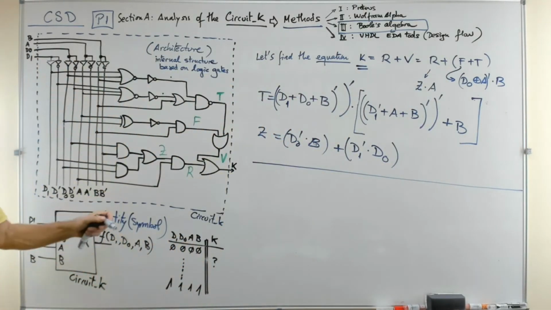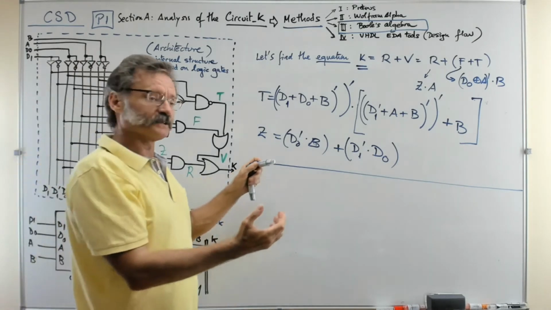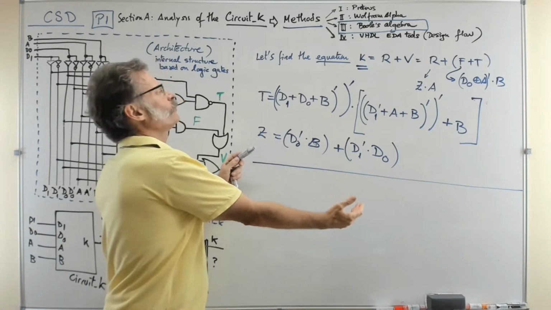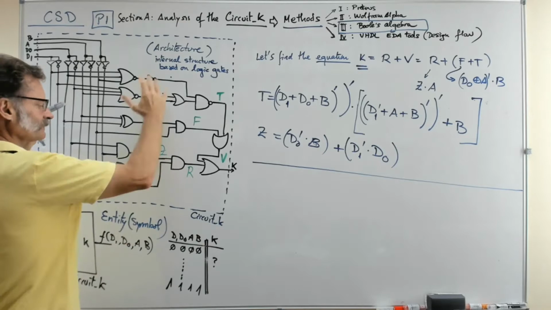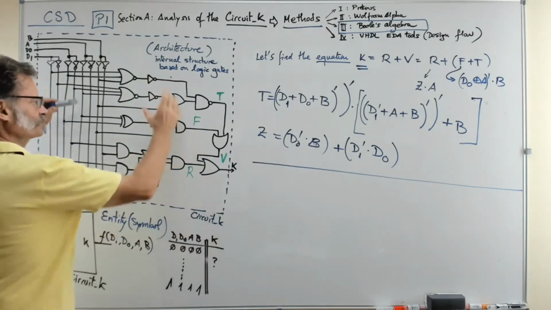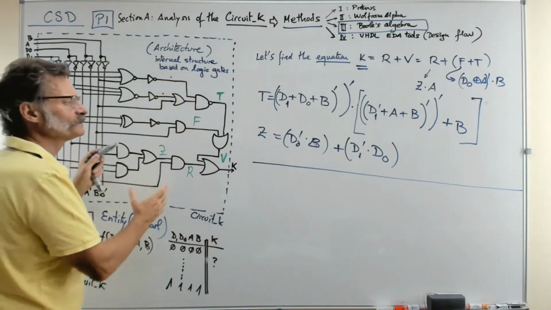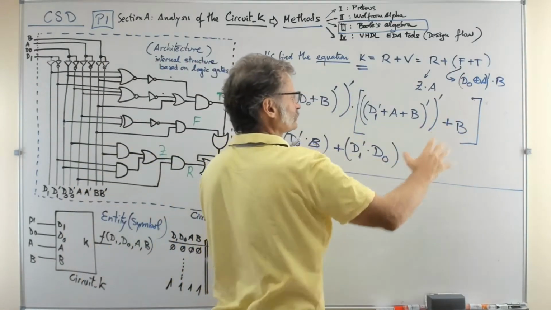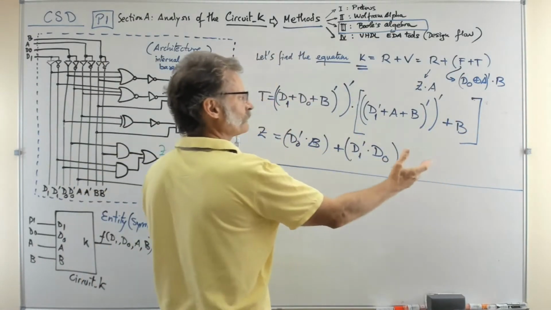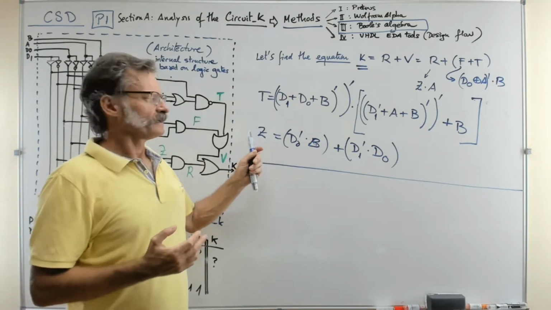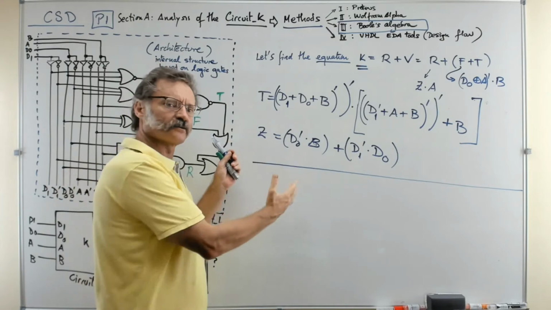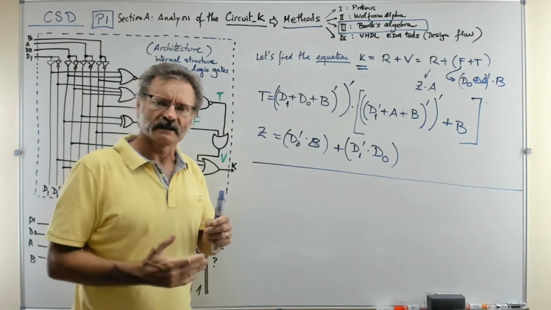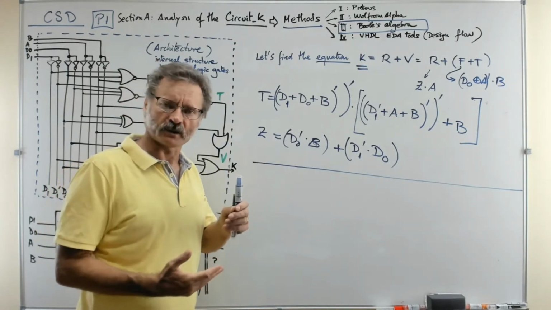Okay, so this big expression is like that, and the point is that you can go back to the circuit. You are doing nothing now but translating the circuit, which is now a picture, a logic diagram, into an equation. So that's the first step, the initial step. From an equation like this, you can translate it, for example, into VHDL, and that is going to be the method 4.